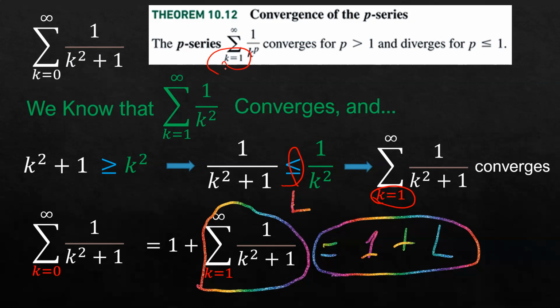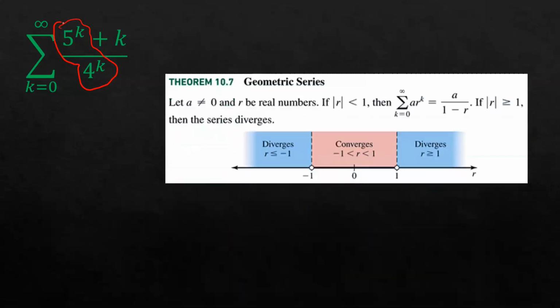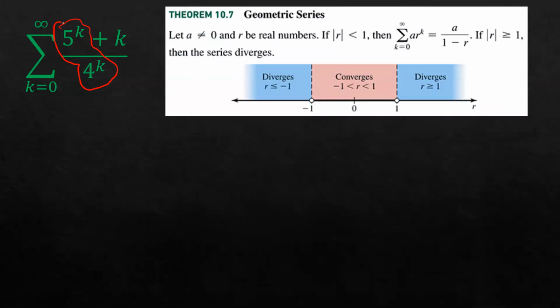All right, so let's take a look at this one. This is 5 to the k power plus k, over 4 to the k power. And I am looking at this part right here, which looks like a geometric series.